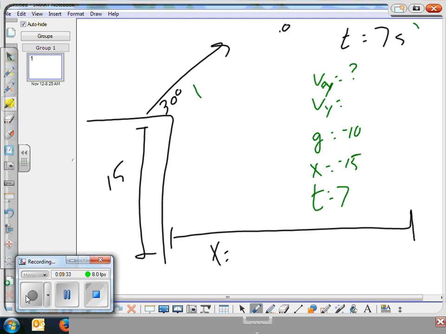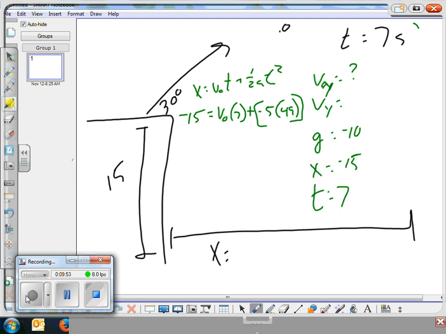So then x equals v sub naught t plus 1/2 at squared. This time I'll just fill in the numbers first. Negative 15 equals what I'm looking for times 7 plus a negative 5 times 49.